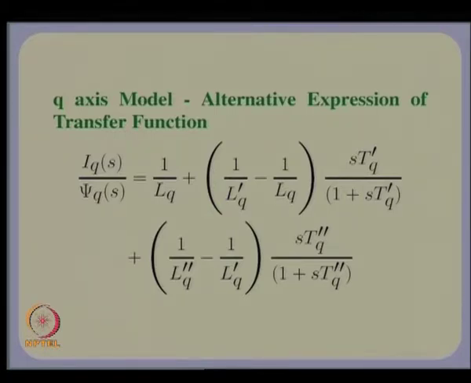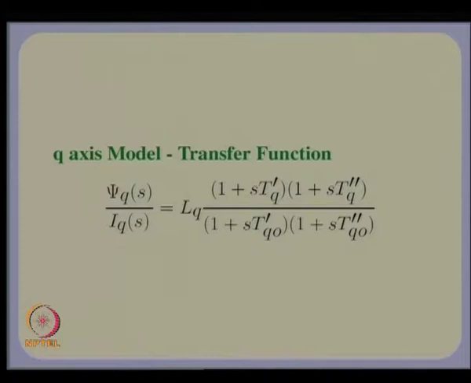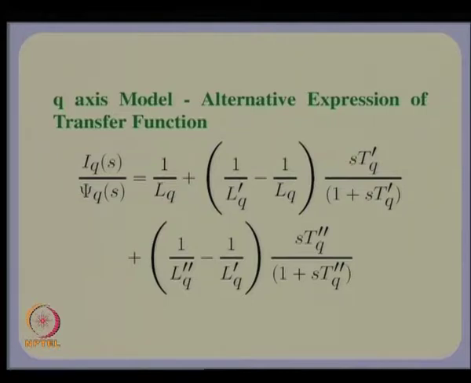How is this form different from this form? First of all, this is the transfer function of psi qs with respect to IQs, psi qs upon IQs. IQs upon psi qs is simply the reciprocal of this transfer function. Now, what I do is I rewrite this IQs upon psi qs in this fashion, but you will notice that instead of using TD0 double dash and TD0 dash, I am using now new parameters LQ dash and LQ double dash.